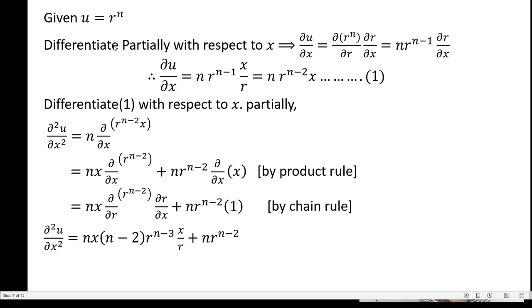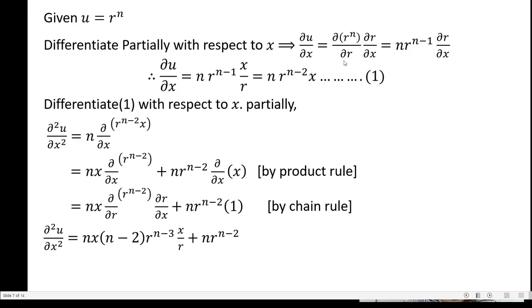Next, they have given u is equal to r to the power of n. Differentiate partially with respect to x. Del u by del x can be written as del by del x of r to the power of n. First we have to differentiate with respect to r and again differentiate with respect to x. Then it completes the del u by del x.